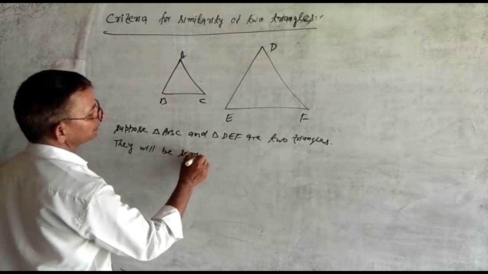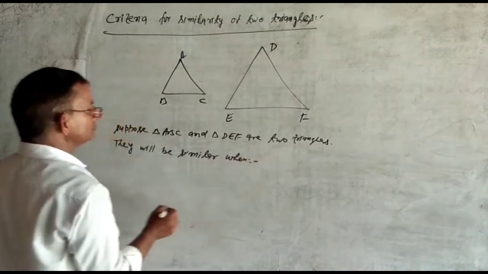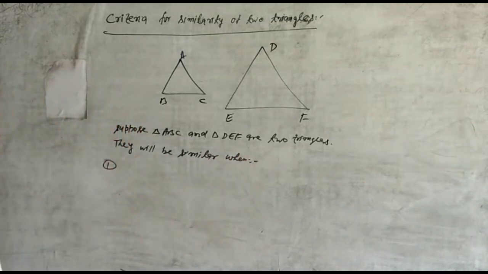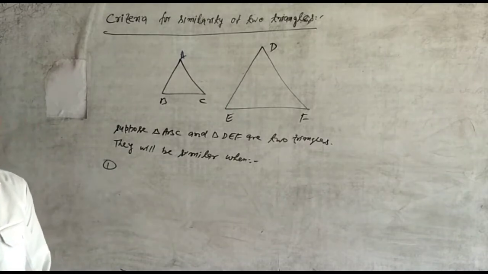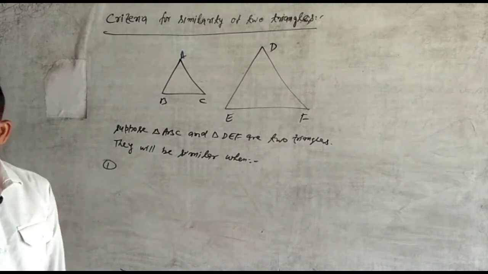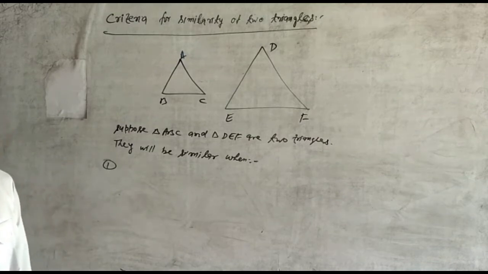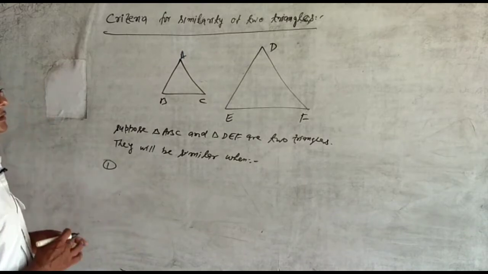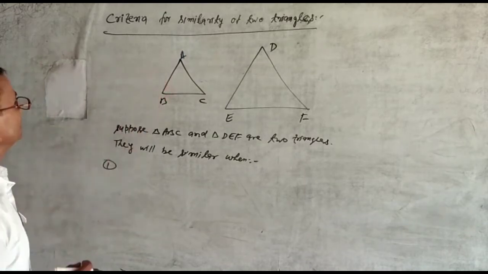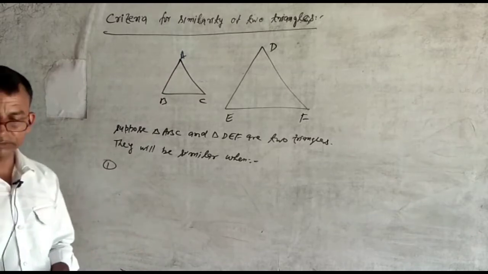They will be similar when, number one, they have equal corresponding angles. Two triangles are similar if they have the same corresponding angles.